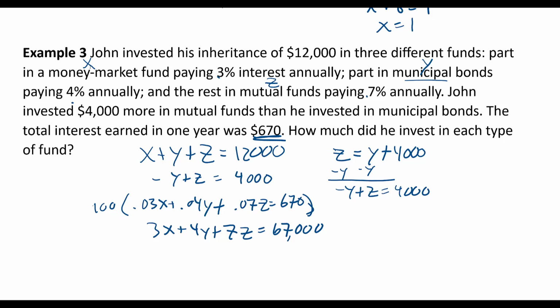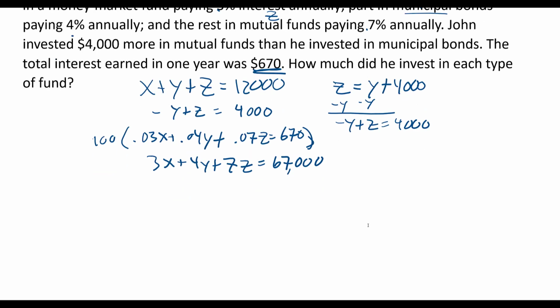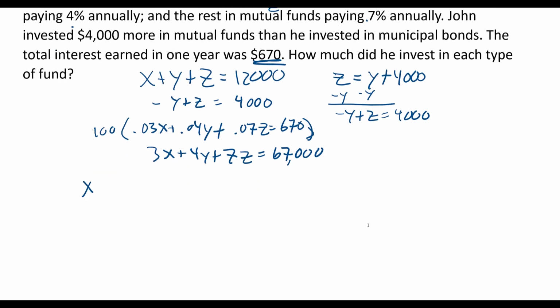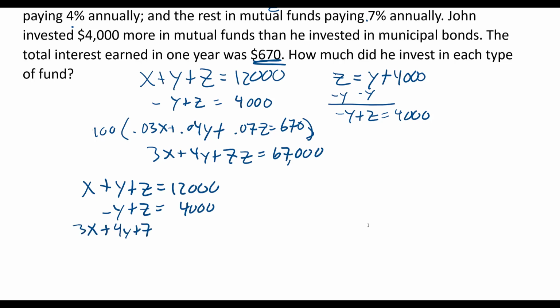So here are our equations. x plus y plus z equals 12,000. Negative y plus z equals 4,000. And 3x plus 4y plus 7z equals 67,000.